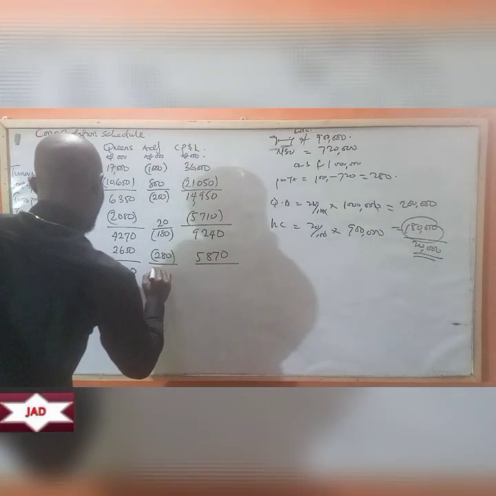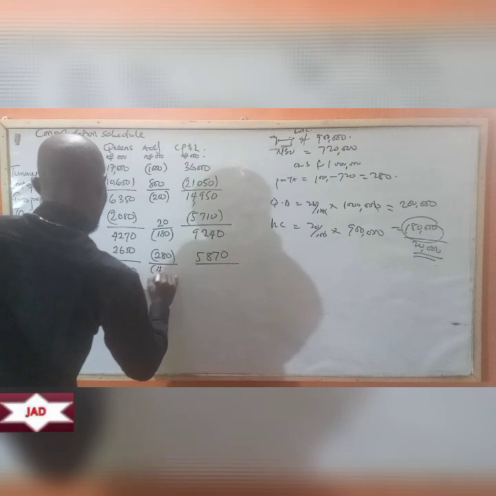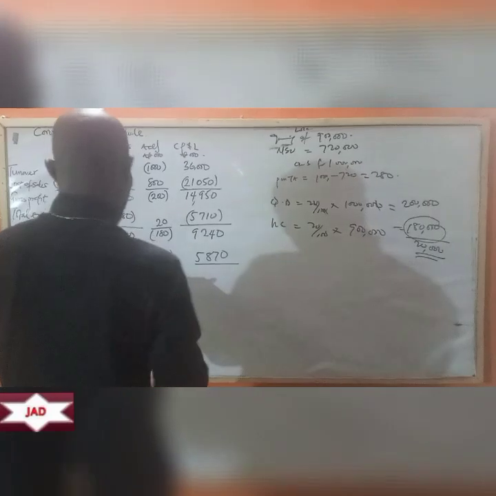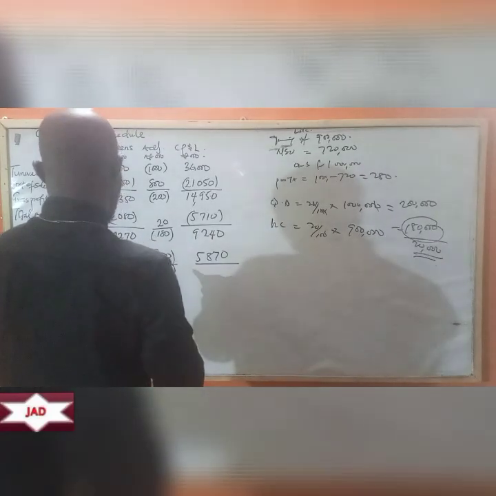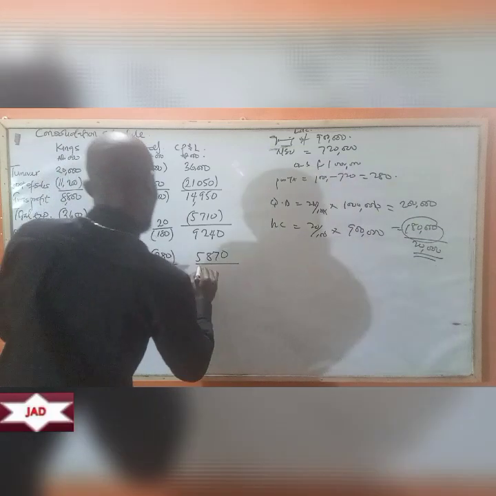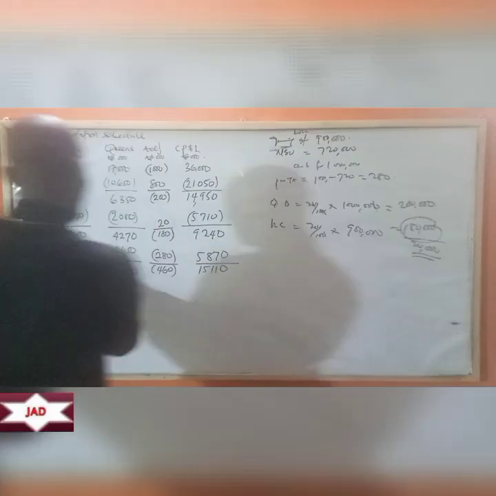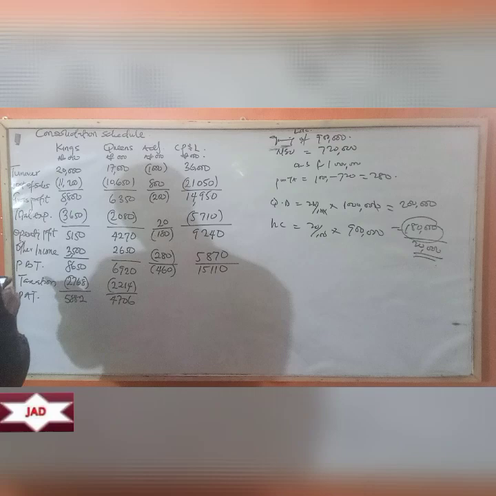That's negative 460. Okay. So this is 9240 plus 5870. This is 15110.